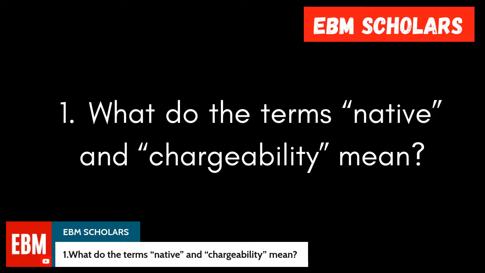When you apply for the diversity visa lottery, the key issue here is eligibility. Are you eligible to apply for the diversity visa lottery? In order to do that, the number 1 item to look at is the term native. What does the word native mean? And how does that apply to the diversity visa lottery?